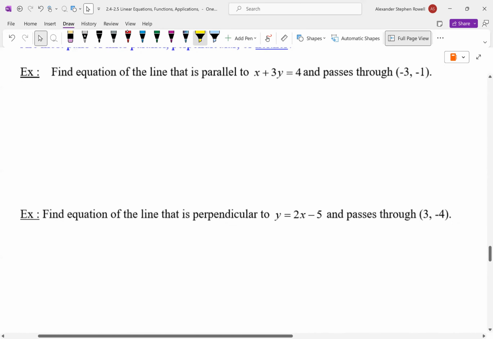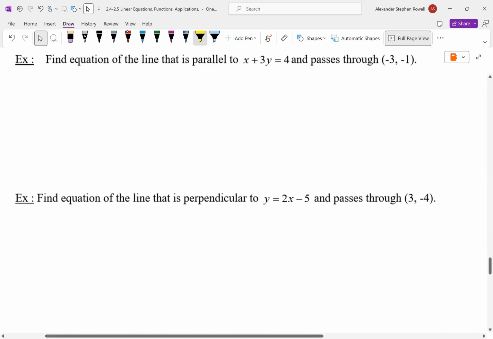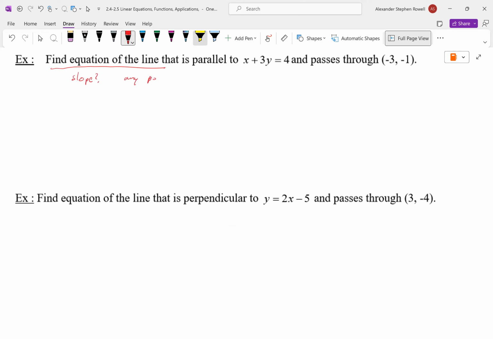Find the equation of the line that's parallel to x plus 3y is equal to 4 and passes through -3, -1. It's asking for the equation of a line, so I need what pieces of information? I need slope and any point. Very good. I know the point, -3, -1.